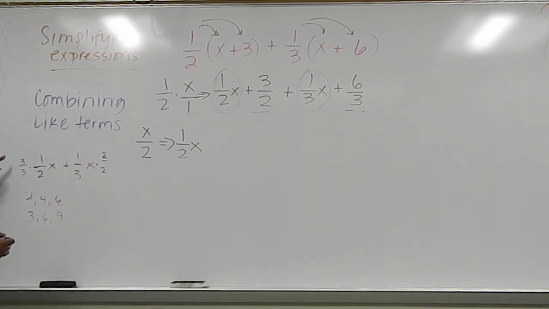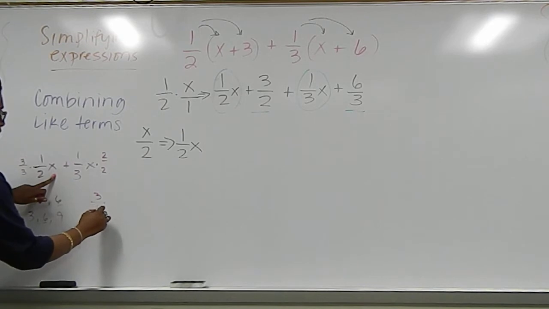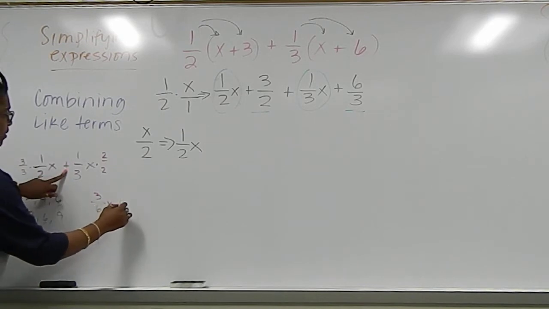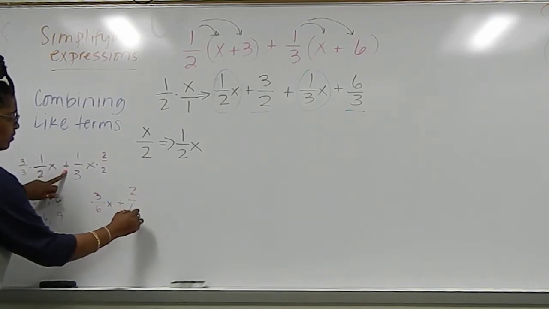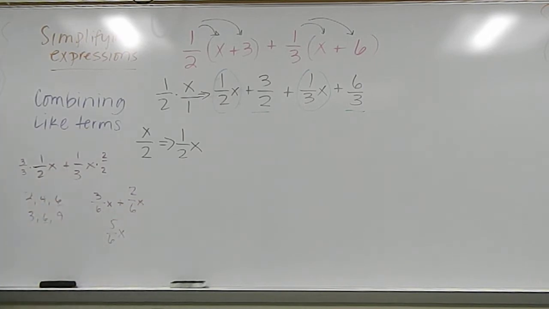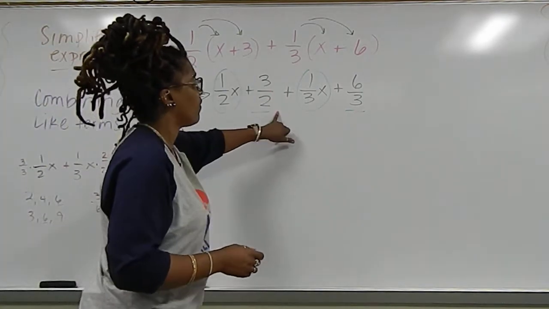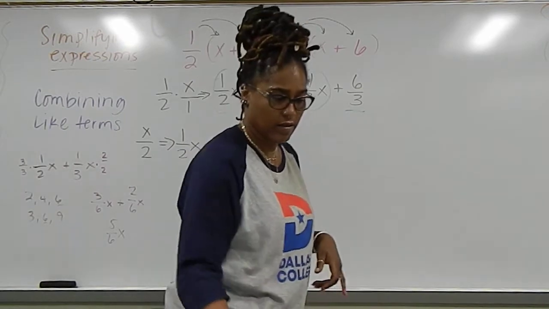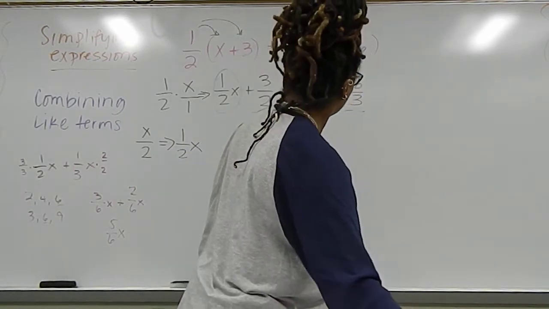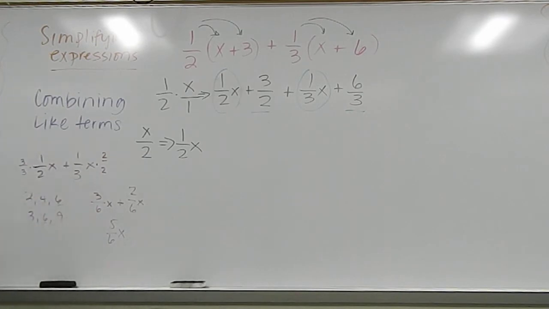So then I would end up with 3 times 1 and 3 times 2, which is going to give me 3 over 6x plus 2 over 6x, which gives me 5 over 6x, right? And then you have to do the same thing with the 3/2 and the 6/3. But because they're the same denominators, 2's and 3's, you can already guess what the denominator is going to be.